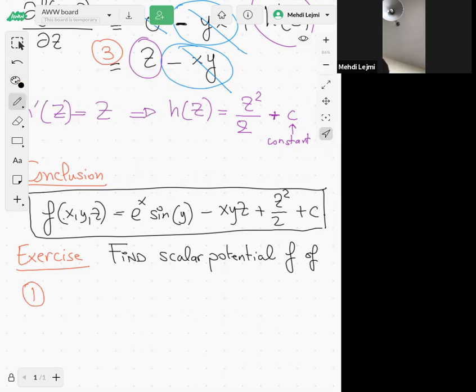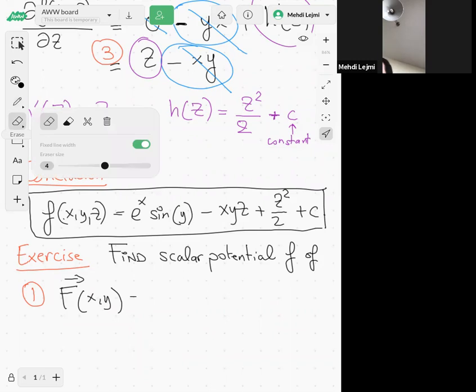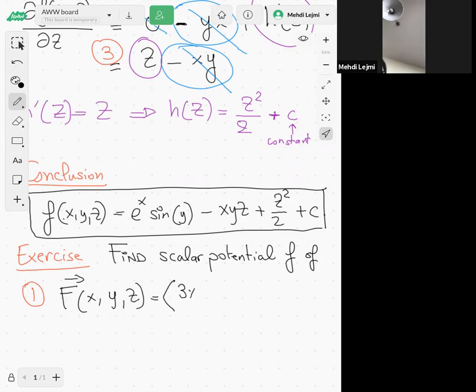So the first vector field, f of xyz, is equal to 3x squared, z squared over y, and 2z natural log of y. We already checked in the previous exercise that this vector field is conservative, so we need to find the potential function f.